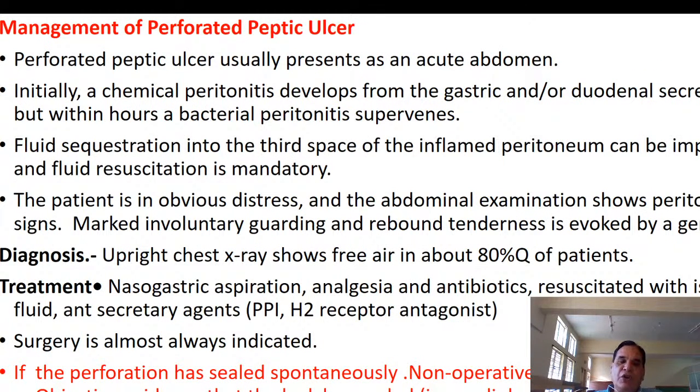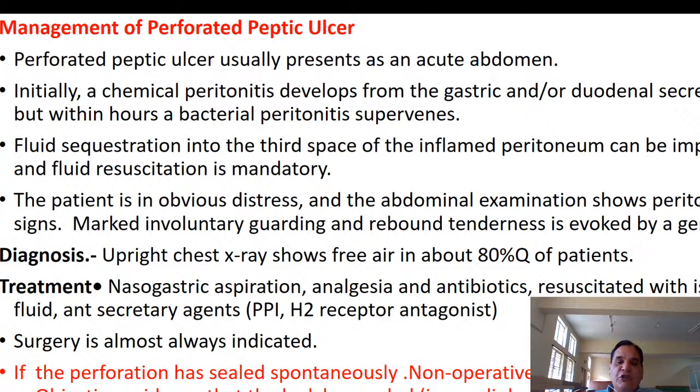Perforated peptic ulcer, we have considered in detail in our last lecture. It presents as acute abdomen. There are 3 stages. Chemical peritonitis is immediate, then the dilutional stage, that is a stage of illusion, and last is septic peritonitis, which occurs after 6 hours. So it is called bacterial peritonitis whenever the infection supervenes on the chemical peritonitis.